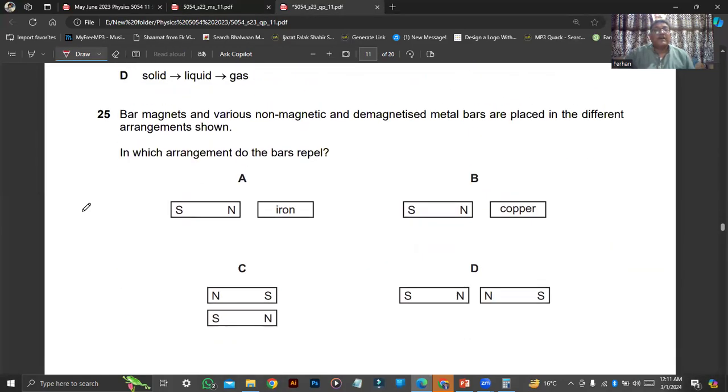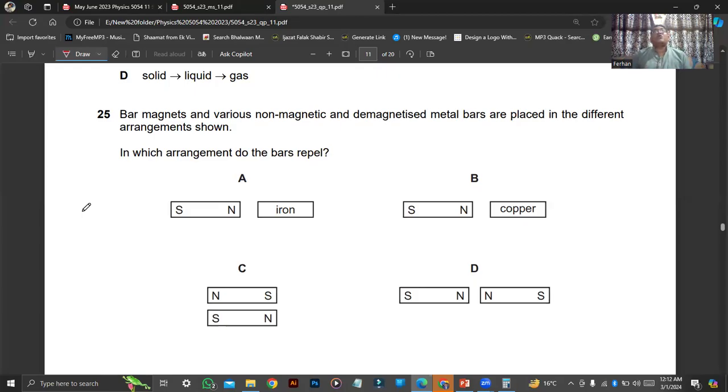Question number 25. He says bar magnets and various non-magnetic and demagnetized metal bars are placed in the different arrangements shown. In which arrangement do the bars repel? You see, repulsion happens from a magnet when another magnet comes near it.